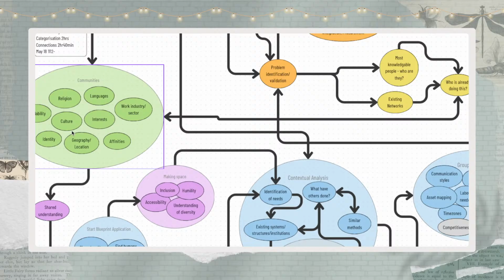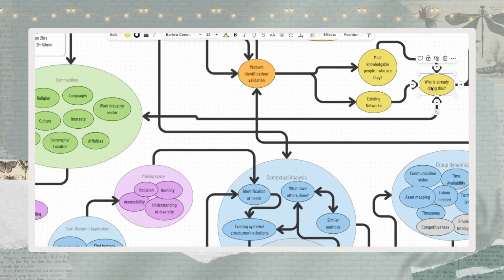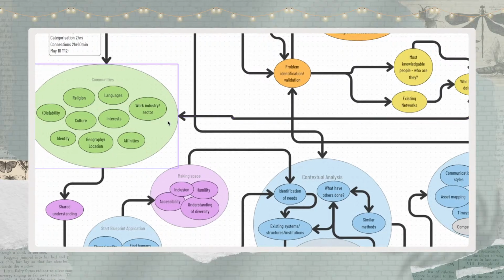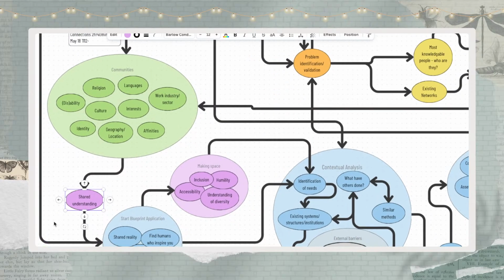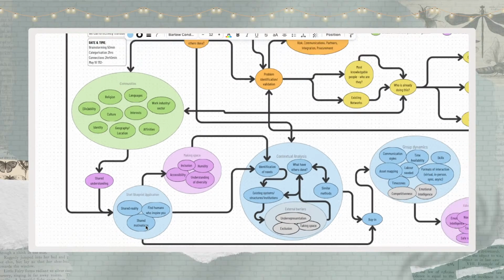So having those different categories to draw upon or think about can help us get a broader image of not only how people organize, but how people affect change. From there, we can have a better insight into how people build shared understanding. And then again, it feeds into the beginning of what we've defined as the blueprint itself.